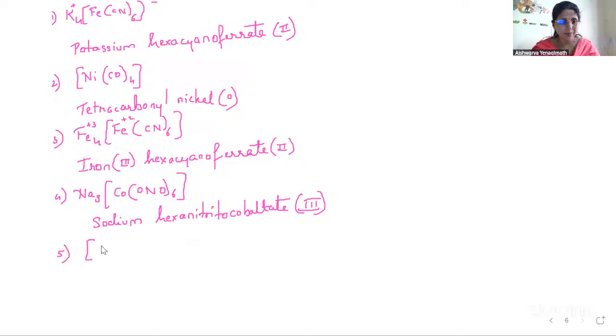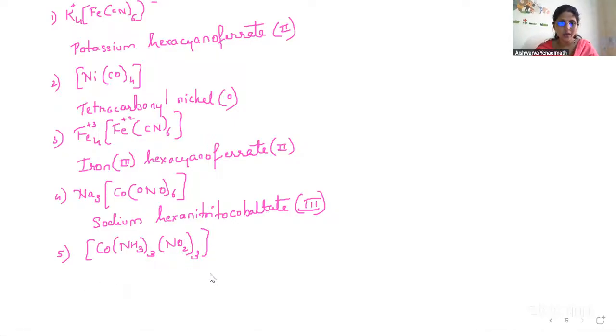Go for the next example. The next example slowly goes on becoming complex to understand. Okay, let us not make it difficult. [Co(NH3)3(NO2)3]. So this is my complex. Here there are 2 ligands. When you have 2 ligands, properly naming has to be done. NH3 is named as ammine. NO2 is named as nitro. So let us write the name.